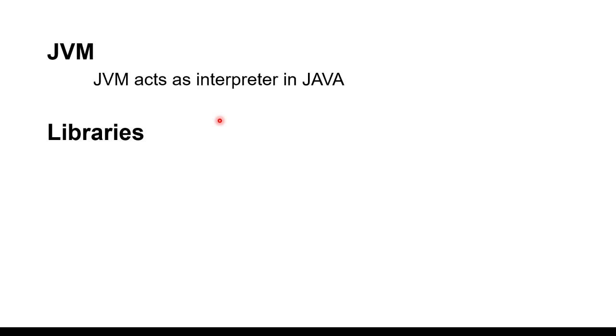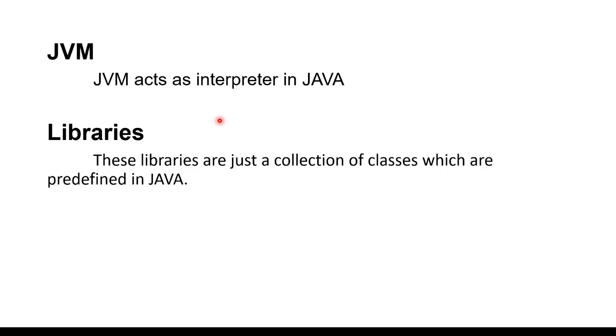We just import those libraries into our code and use them, so there is no need to write them again. Examples are java.lang and java.util, which are the normal predefined libraries Java provides. There are some more libraries also, but these are the examples.